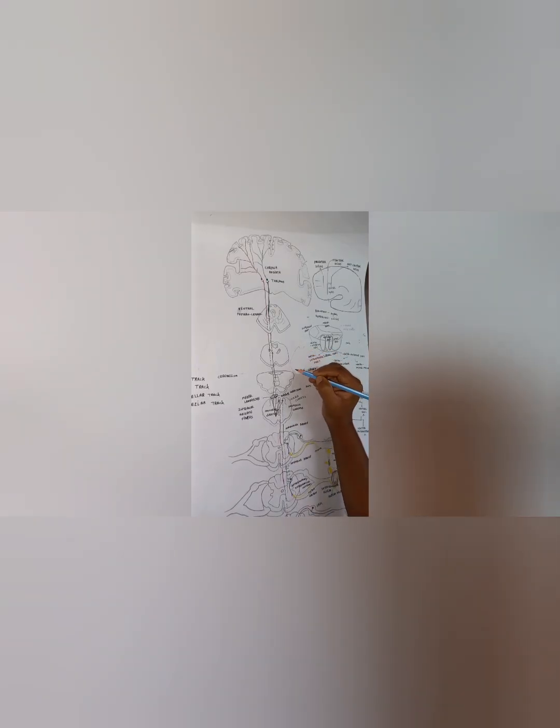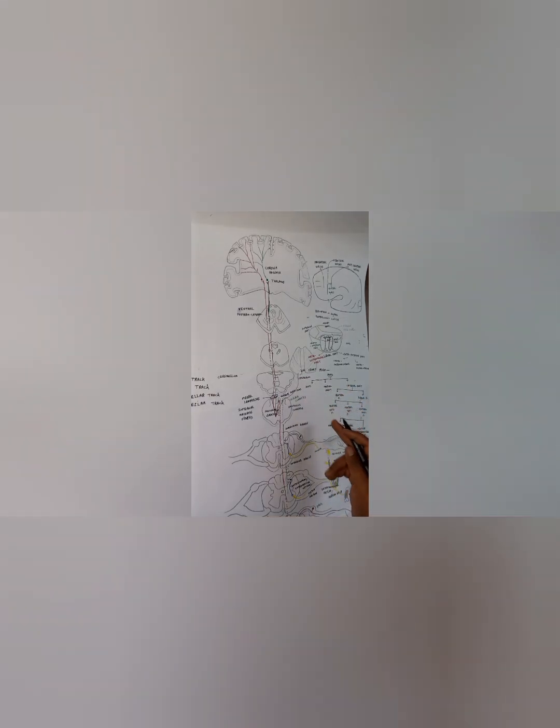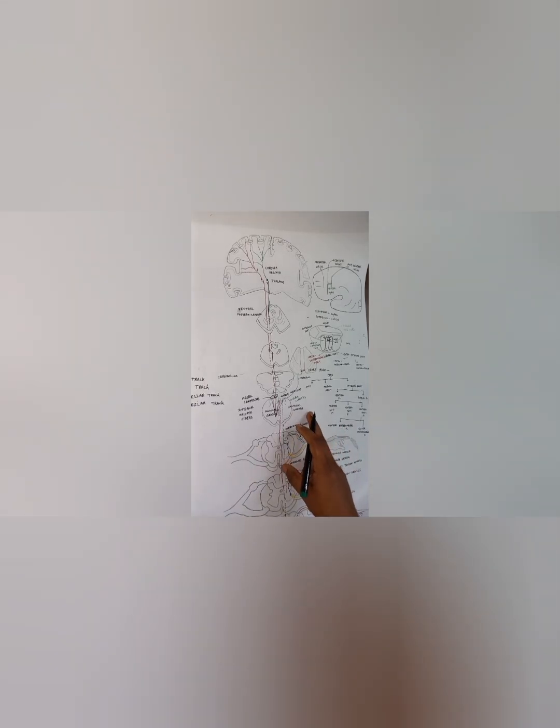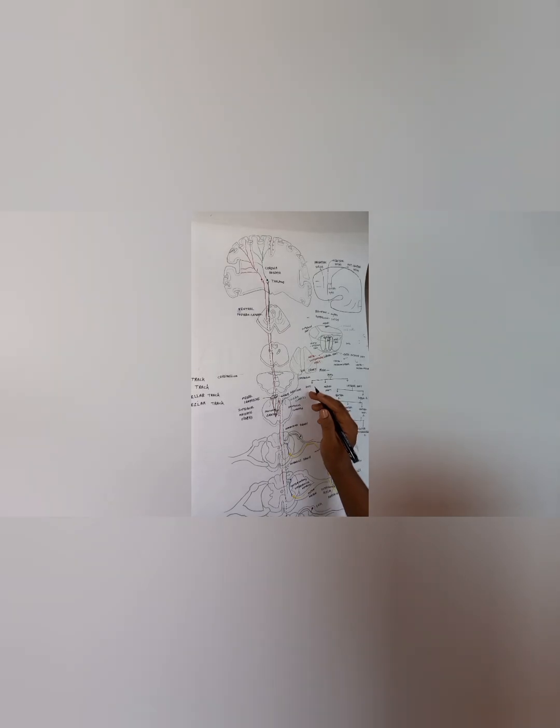Many fibers in the fasciculus cuneatus from the cervical and the upper thoracic segments terminate on the second order neuron of the nucleus cuneatus. From where the axons of the second order neuron enter the cerebellum through the inferior cerebellar peduncle of the same side. This pathway is known as cuneocerebellar tract, and those fibers that form the cuneocerebellar tract are known as posterior external arcuate fibers.